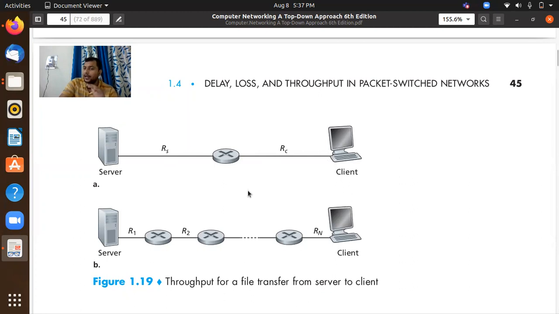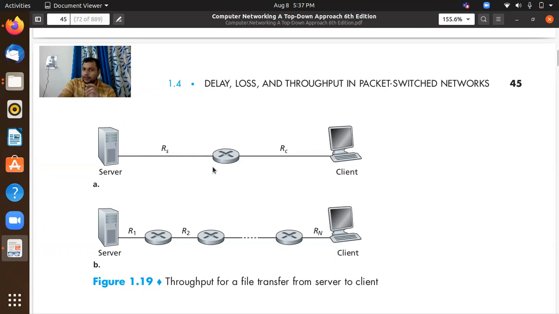So here, if we have to calculate a throughput, one more thing you have to remember: throughput can go maximum up to the link transmission speed. So here we will calculate the average throughput. What will be the average throughput between server and client where two links are there?